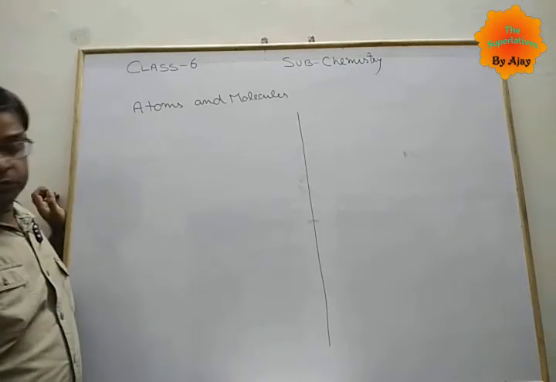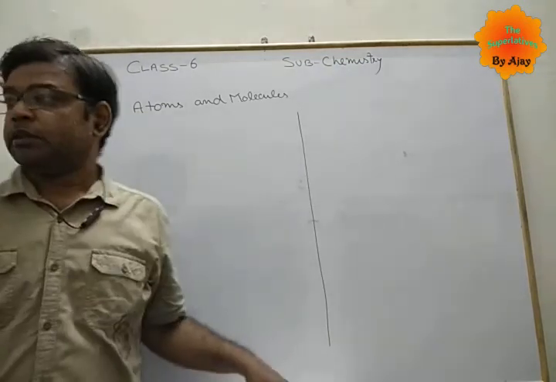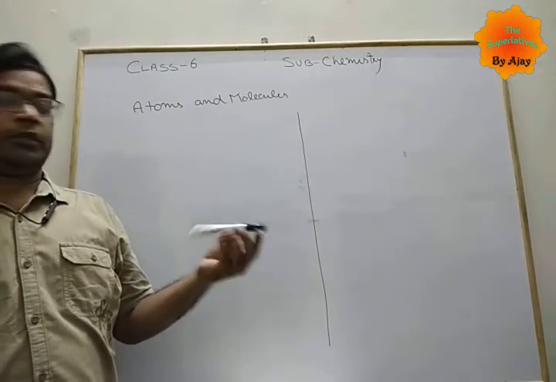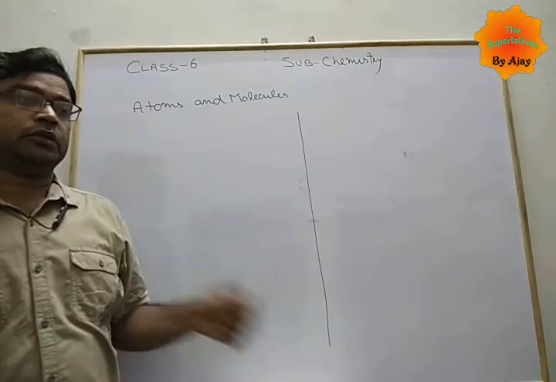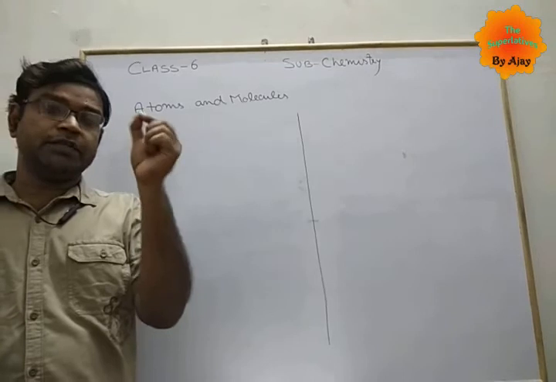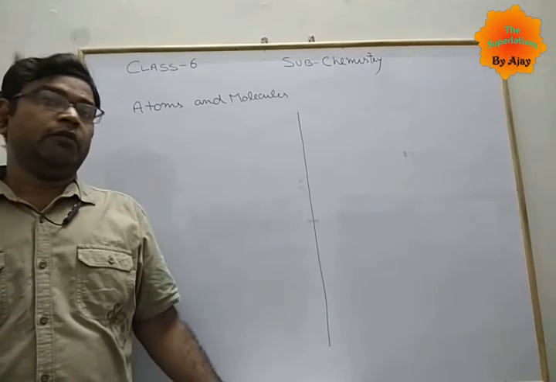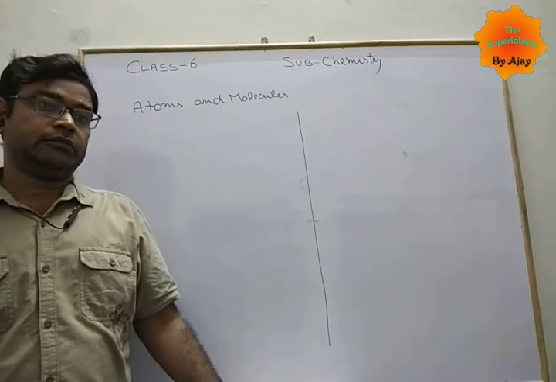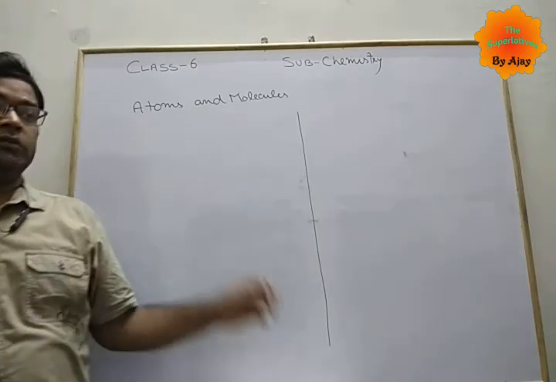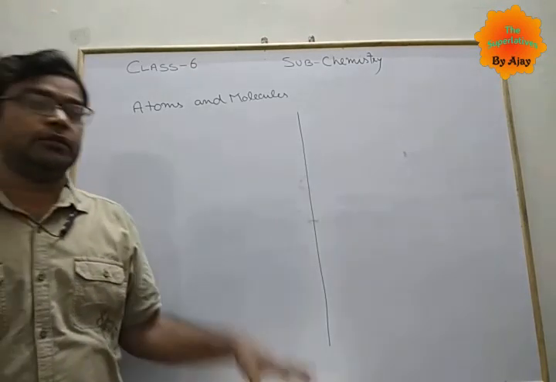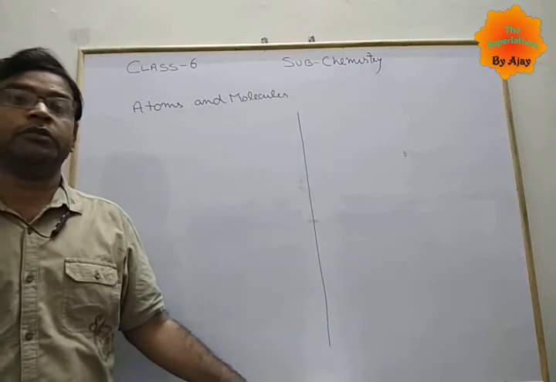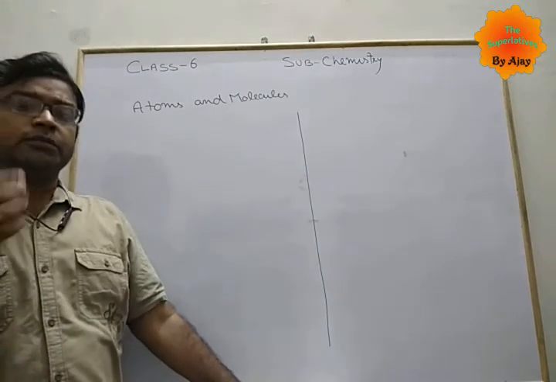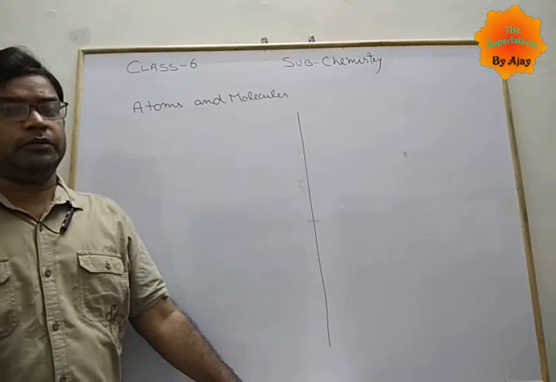As we know, this is a type of matter. If we start to break this one, at the end we receive a smallest particle. That smallest particle is not divided further. So likewise, everything, especially elements and compounds, is made from some tiniest particles.